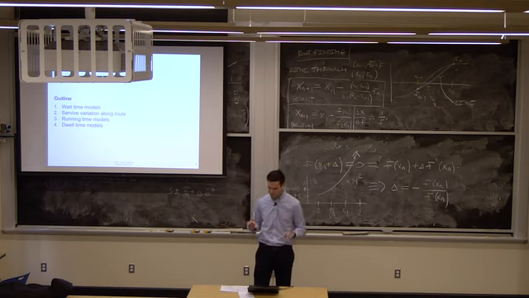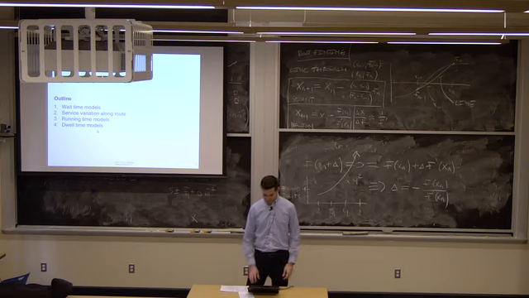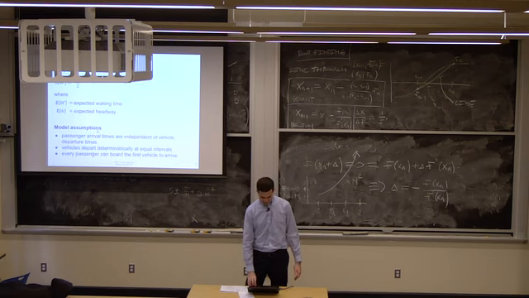We call that performance generally. And the kinds of models that we're going to look at are wait time models, service variation along routes. We're going to see how it's not always the same. You might start off at the terminal one way and end up a very different way. We'll look at running time models and dwell time models. So these are the components of running times.